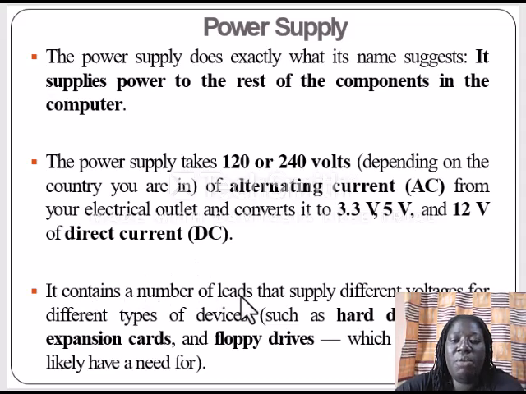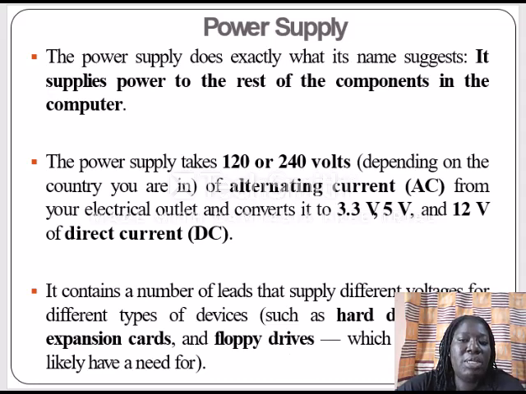It supplies different voltages for different types of devices such as the hard drive, the PCIe expansion cards and the floppy disk, which you will not likely have a need for.